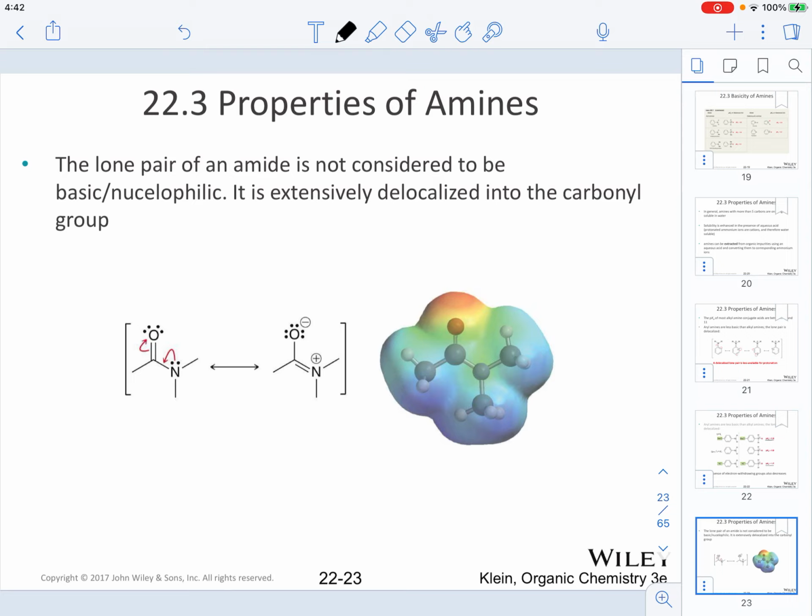When we look at the carbon nitrogen bond, right here, this bond is considered to have sp2 character because of the resonance structure that we have specifically in the amide.